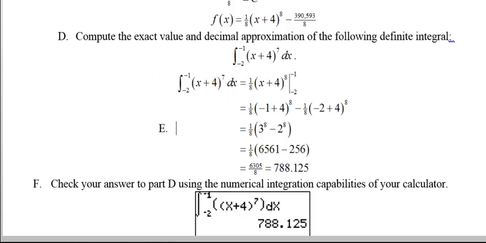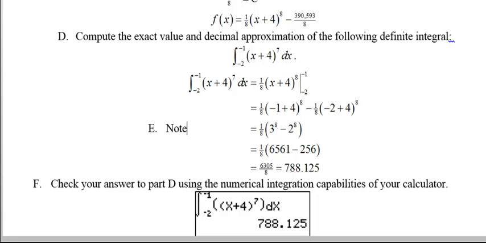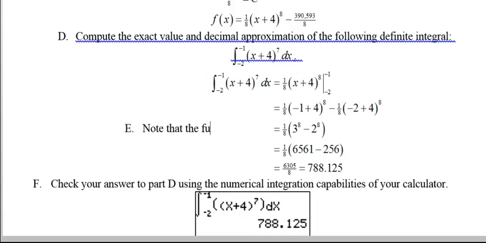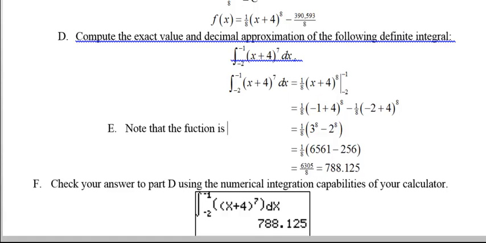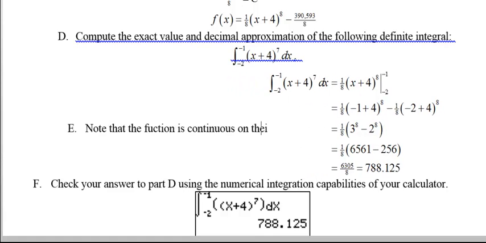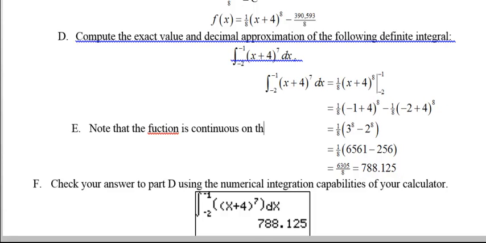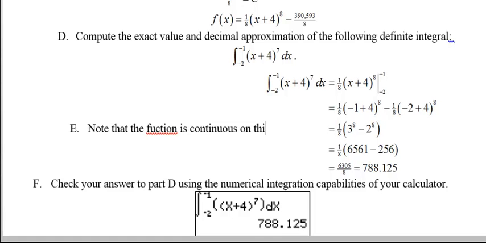We need to note that the function is continuous on this interval in order to apply the fundamental theorem.